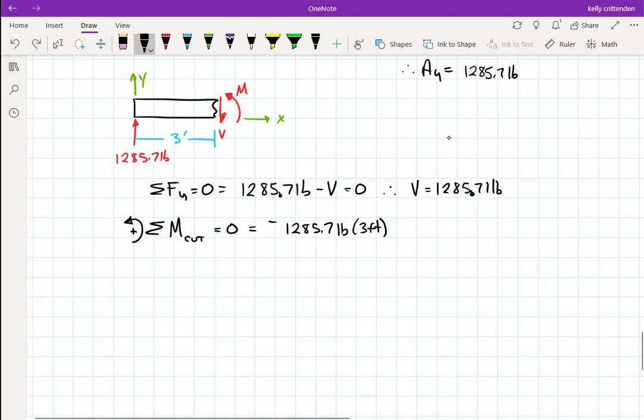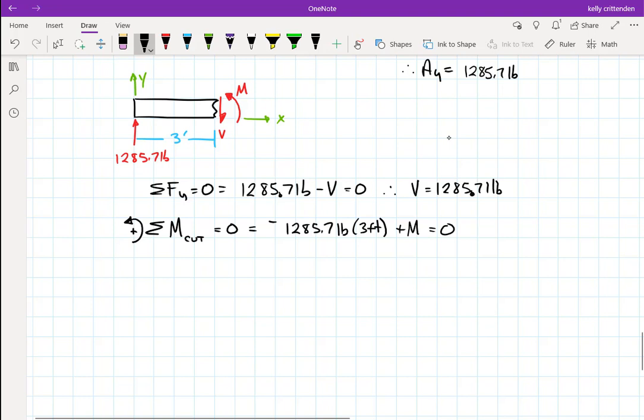All right. M, I don't think we've used a concentrated moment. So how you put them into moment equations is you just put plus or minus M, or whatever the magnitude is. In this case, we don't know the magnitude. So I drew this one counterclockwise. I said that counterclockwise moments are positive, so I just put plus M. There's no moment arm associated with a concentrated moment.